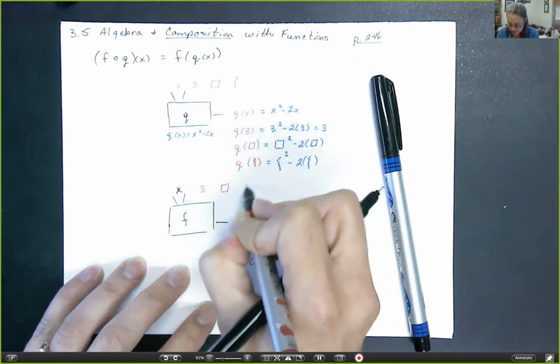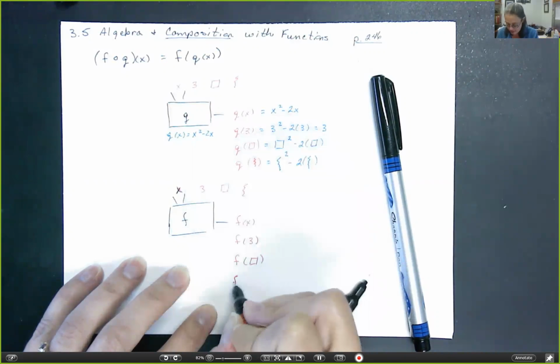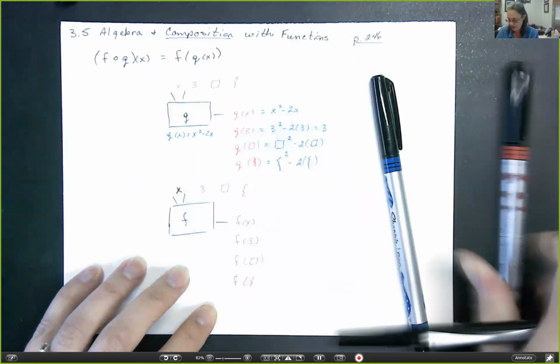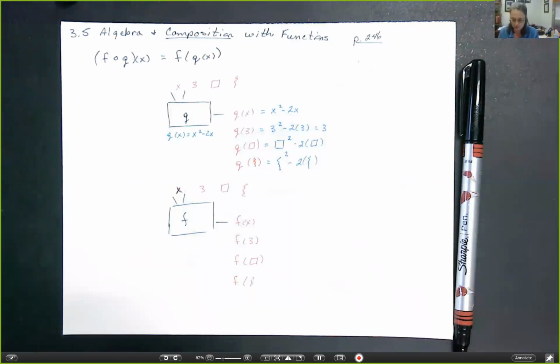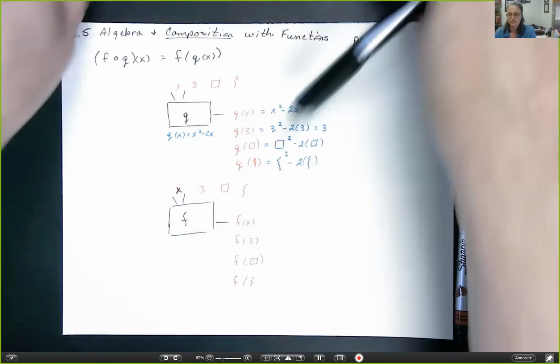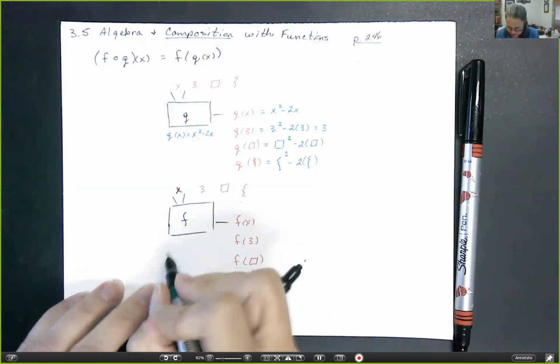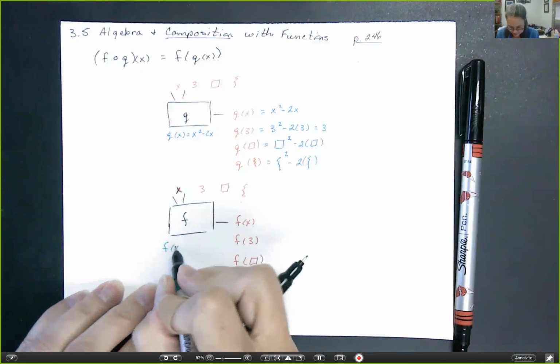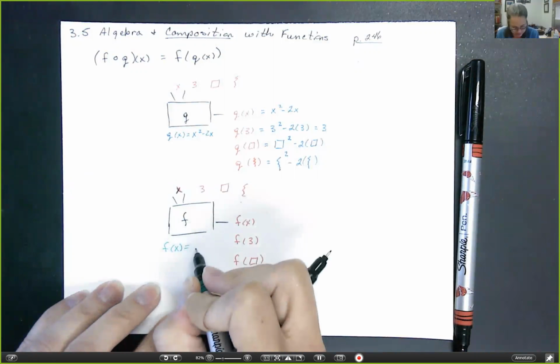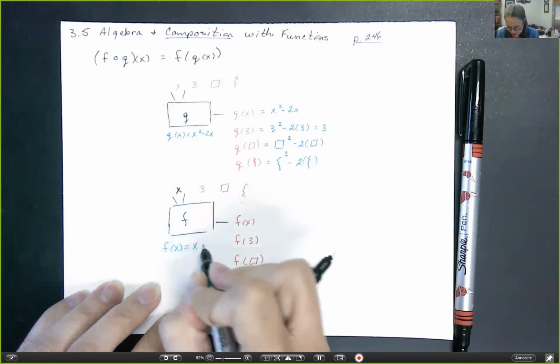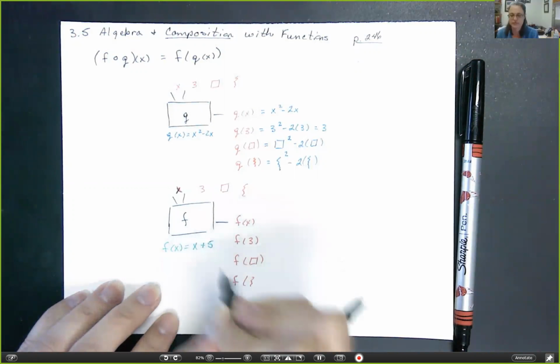If I put in squiggle D, I get out F of squiggle D. Let's suppose that F of x is, we'll go simple, x plus 5.